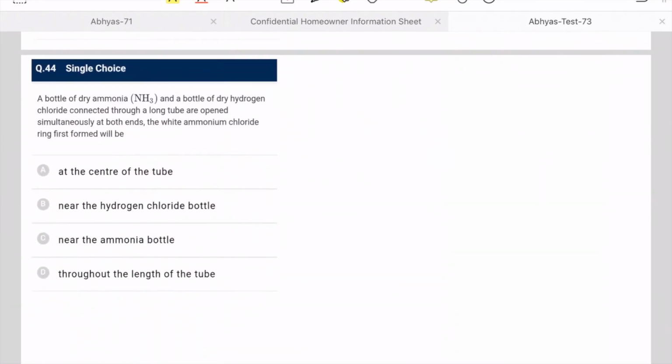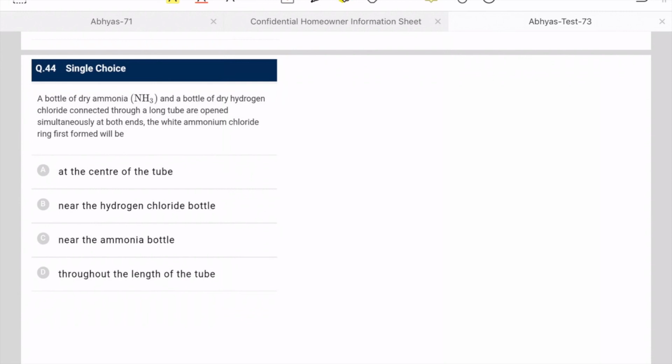A bottle of dry ammonia and a bottle of dry hydrogen chloride are connected through a long tube and opened simultaneously at both ends. The white ammonium chloride ring first formed will be.